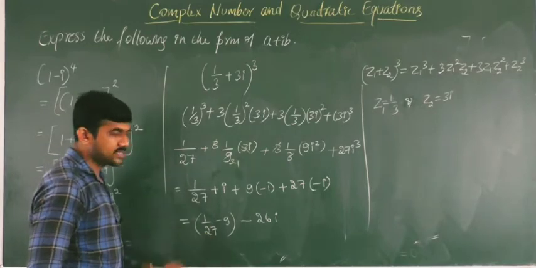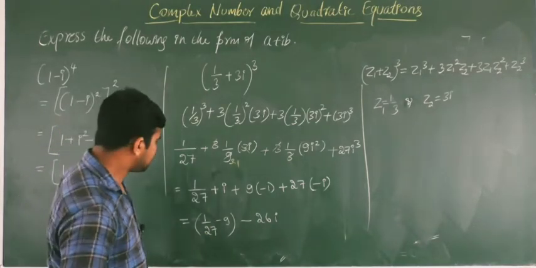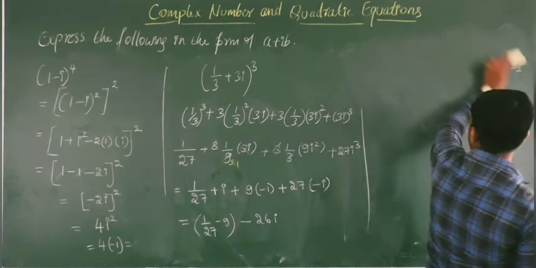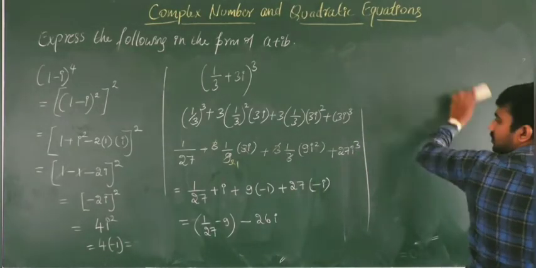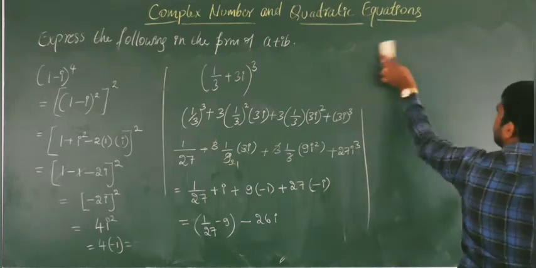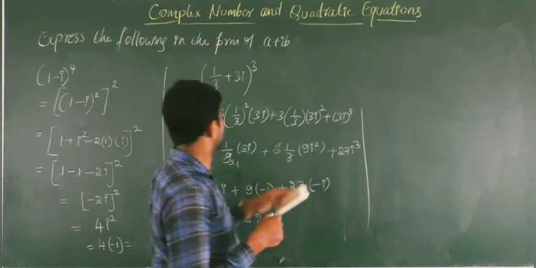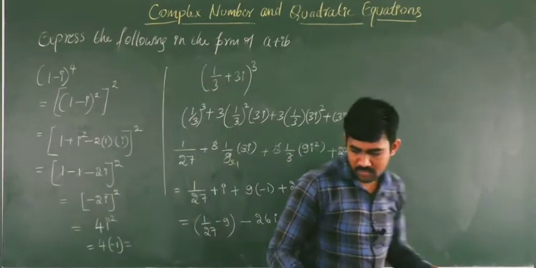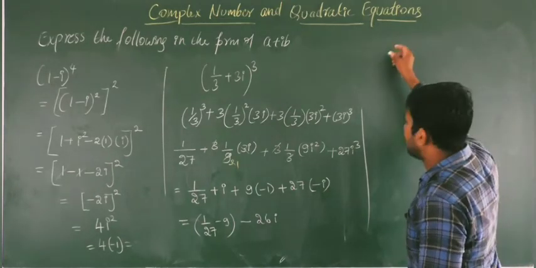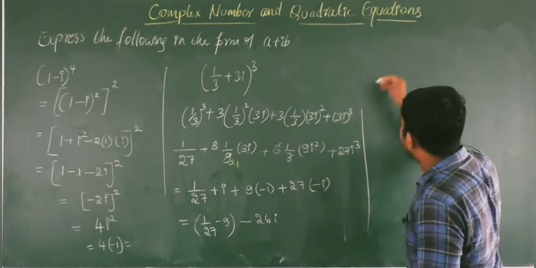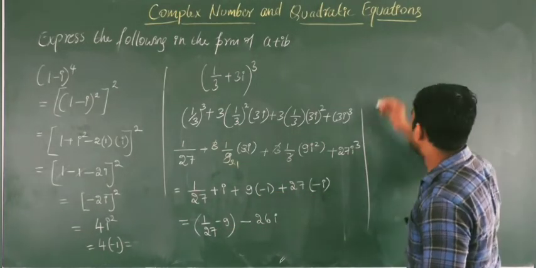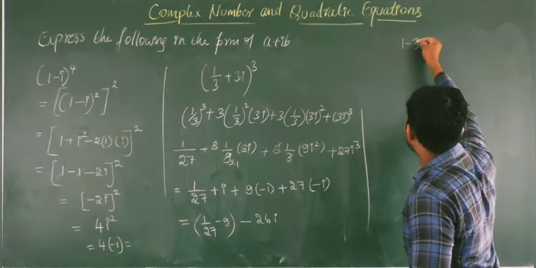And then here we can simplify. Okay, see, 1 divided by 27 minus 9, cross multiply, 9 into 27 means 243.